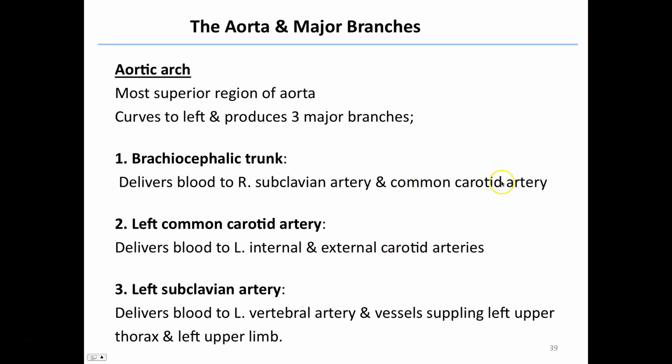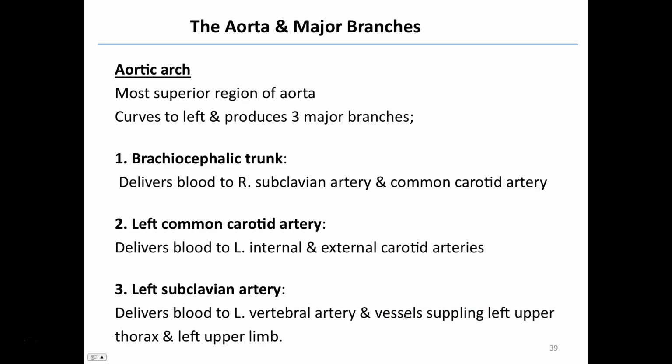These common carotid arteries divide further into internal and external carotid arteries. The left common carotid artery supplies the left side of the head and neck. The left subclavian artery is the third branch, and it supplies the left vertebral artery, supplying blood to the brain, and vessels supplying the left upper limb and thorax.